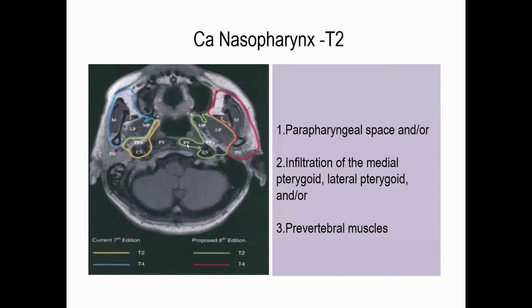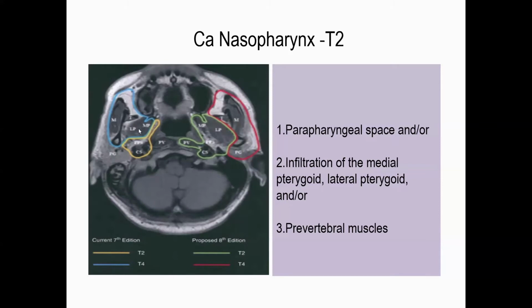And they have added the prevertebral muscle. Now, T2 has three factors. One, the prevertebral muscles. Two, the carotid sheath and the parapharyngeal space. Then the medial and lateral pterygoid muscles. Any tumor which spreads beyond the lateral border of the lateral pterygoid, as I told you in the beginning, becomes a T4 disease.